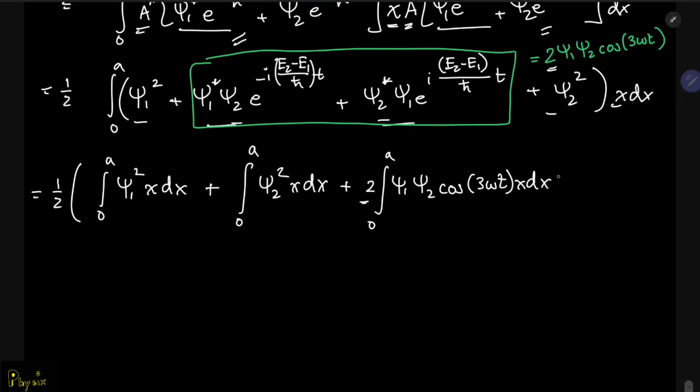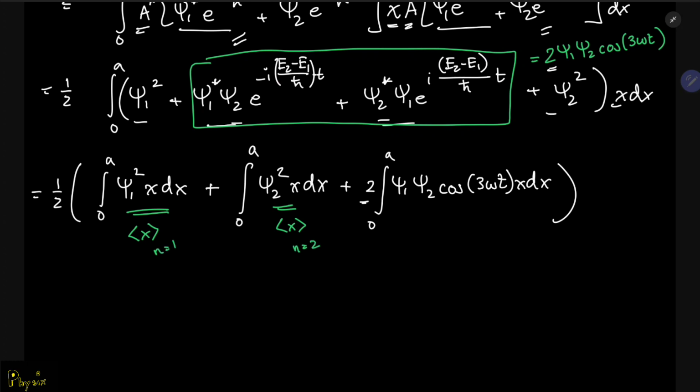Now notice that this is basically the expectation value of x when n is equal to 1, and this is the expectation value of x when n is equal to 2.